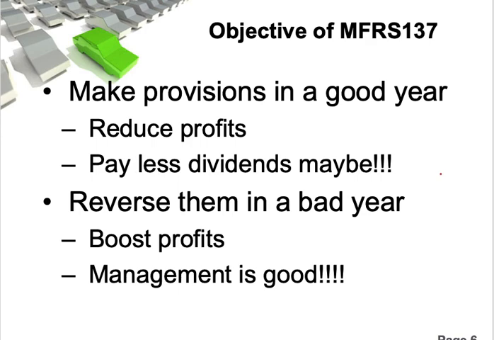So in order to reduce that dividend payment or the tax payment, you might want to reduce your profit. This is a way of showing provision in the financial statement for that year, because when you recognize provision in your financial statement, the expenses will increase, and therefore the net profit will get lesser.